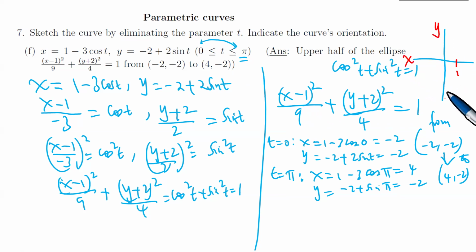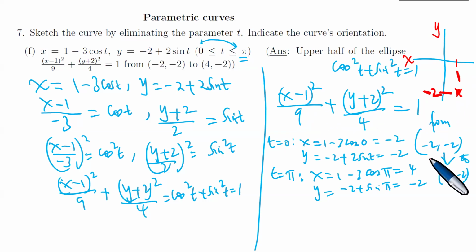X is 1 and y is -2. Okay, so if x is 1, y is -2, like this.